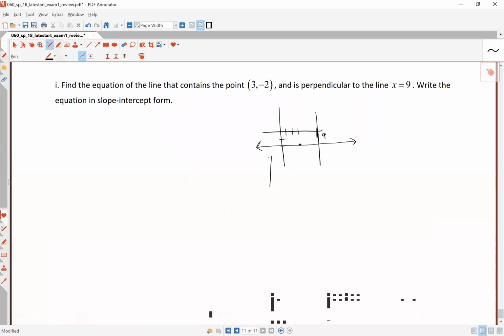So if we want a horizontal line, the OY states that it needs to be a y equals, and all of these points on that horizontal line are y equals -2, or have y equal -2.